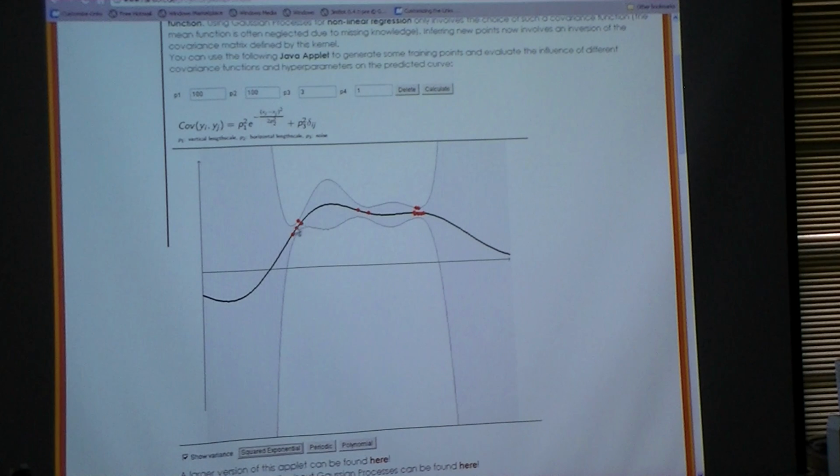Like we talked about last time, it's a combination of conditional probability and marginal probability. If you want to query a point here, you have the input and you want to know the value of the corresponding y.